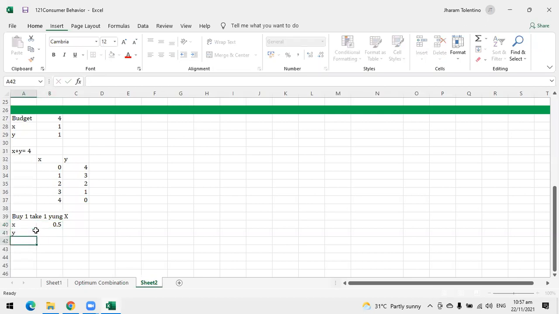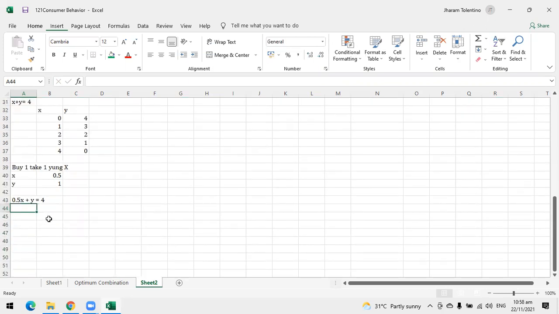Y is equal to piso. Ang budget pa rin is X plus Y is equal to 4. In this case, this is 0.5X plus Y is equal to 4. Yan. Gagawa ka ng bago, X and Y. You have 0.5. Ilan ang mabibili mo dito? 0.5, 3.5 to.